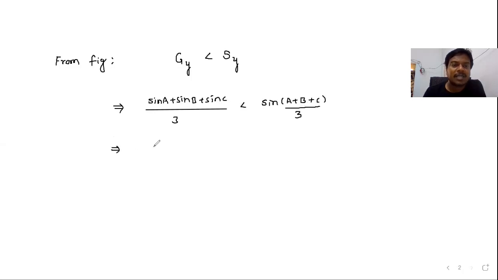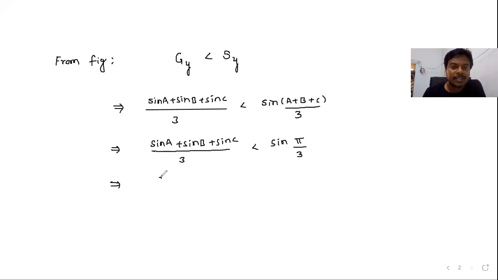And A, B, C are clearly the internal angles in a triangle, so the value of A plus B plus C I can write as 180 degrees. Sine of 180 divided by 3.